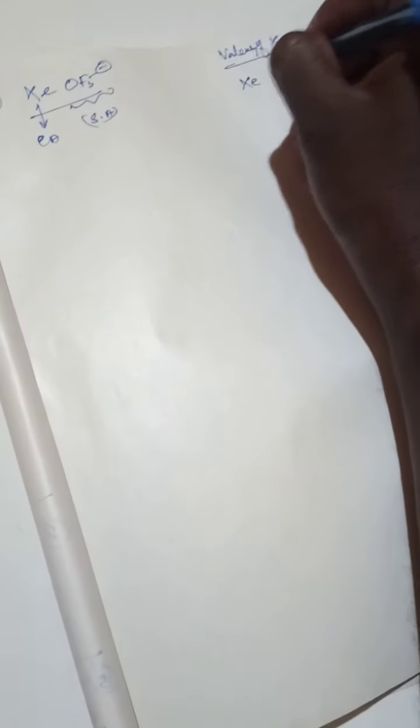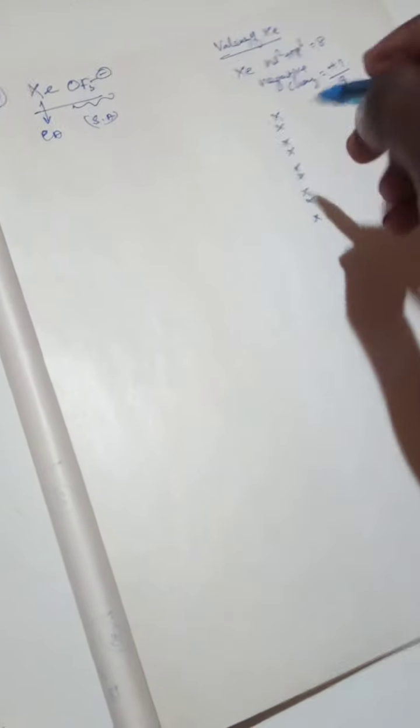Xenon is the central atom and these are the surrounding atoms. The valency of xenon is ns2 np6, which is 8, plus 1 for the negative charge, so totally 9 electrons.